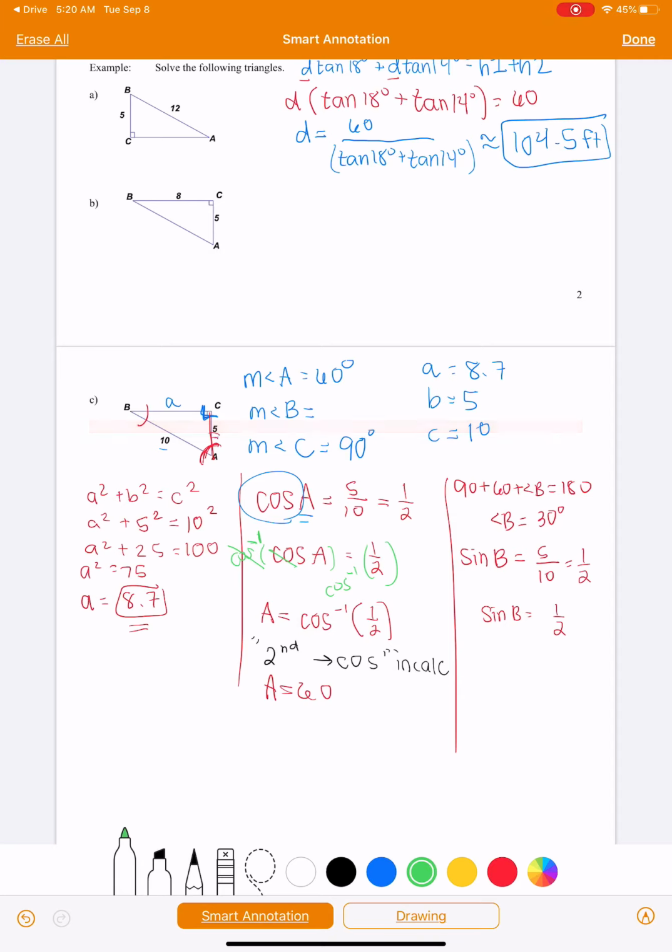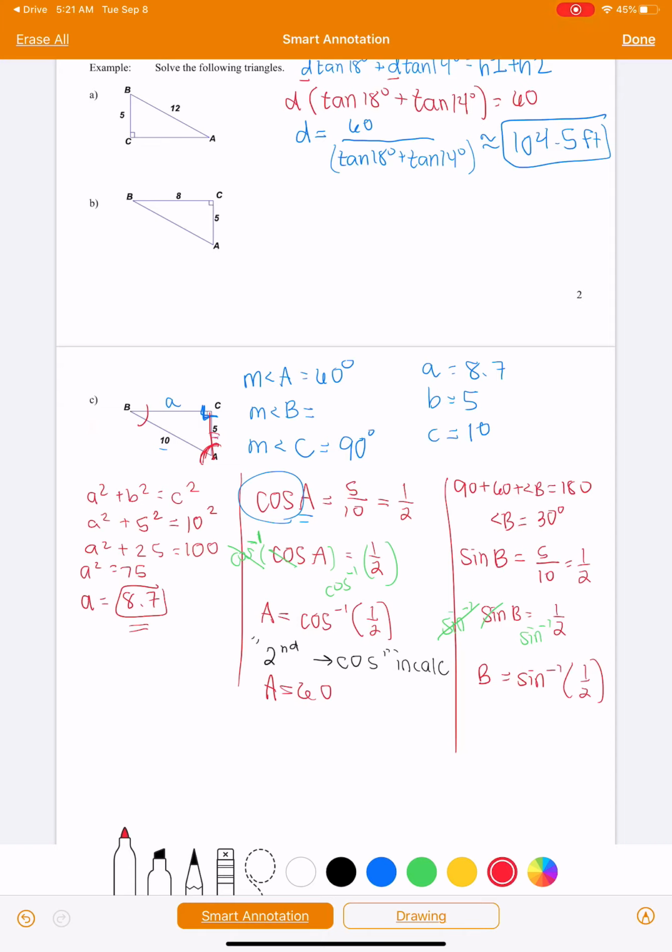Okay, same thing. I want to get B by itself, so how do I get rid of sine? I multiply by the inverse of sine on both sides. So that will cancel out my sines on the left-hand side, and I'm just left with angle B equals inverse of sine times 1/2.